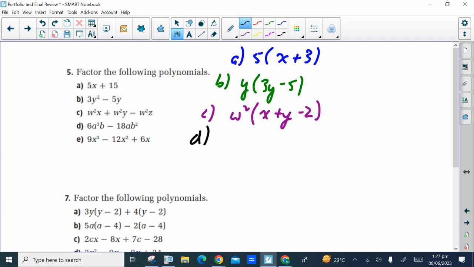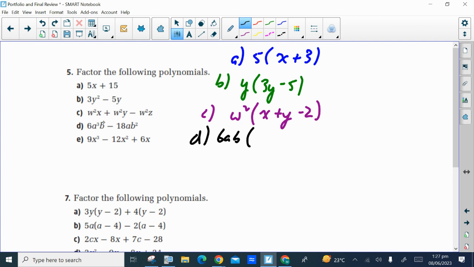Question D. The common factor there is 6ab. When you have the same variable in all the terms, the smallest power will be the common factor for that variable. To get what's left, to get the other factor, you divide each term by the common factor. So the first term, when you divide the 6's, they cancel.